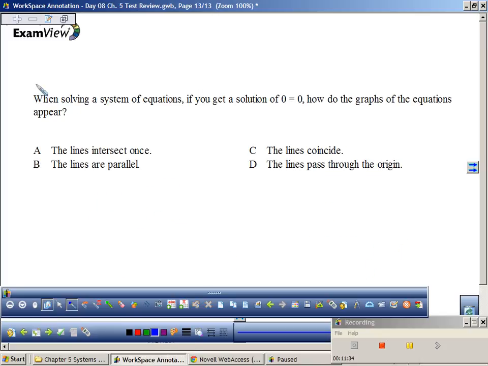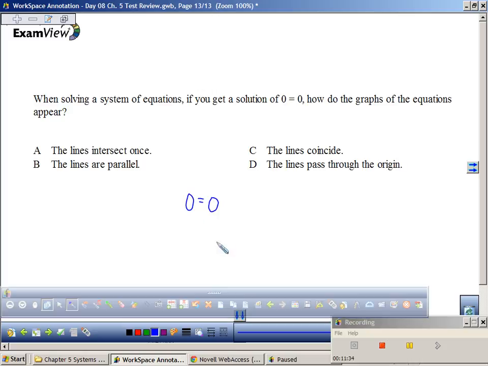All right, next one. When solving a system of equations, if you get a solution of 0 equals 0, how do the graphs of the equations appear? Does 0 equal 0? This one's difficult. Because most students look at this and say, oh, that's a point on the center of the graph, or the origin.